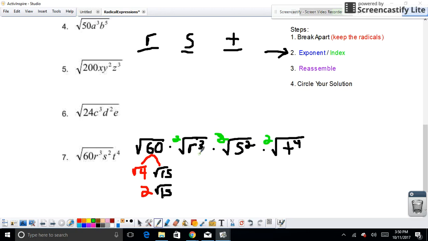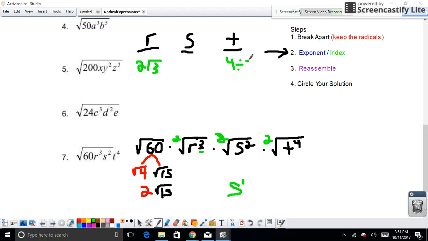Now, we're going to do 3 divided by 2 for the R. And then S, we're going to do 2 divided by 2. Well, that's just 1, so I can go ahead and skip ahead on that. So that's just S to the first power, because 2 divided by 2 is 1. Same thing here. This is just going to be 4 divided by 2.